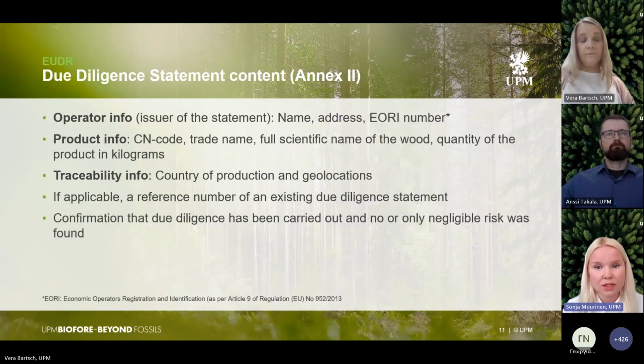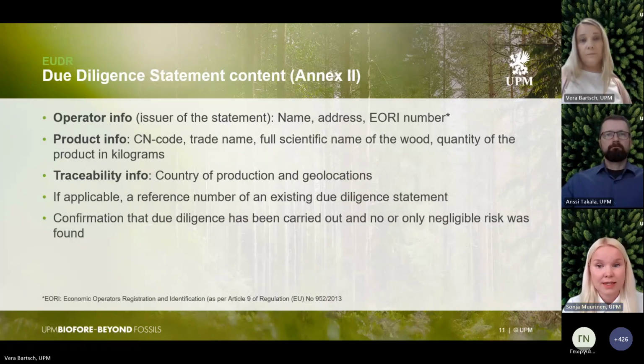This information is included in the first due diligence statement created by the first player in the value chain within the EU. After that, the traceability information flows through the value chain via linked due diligence statements.